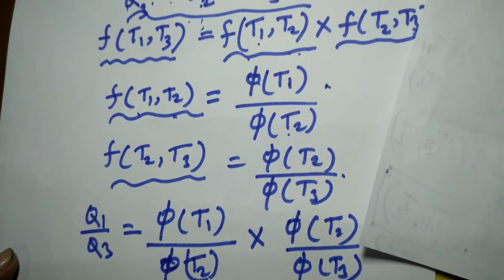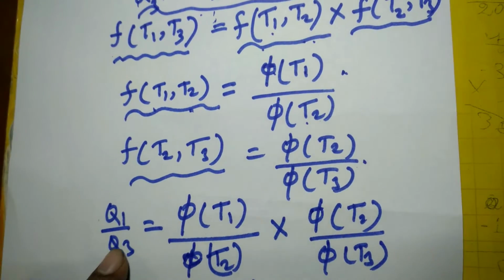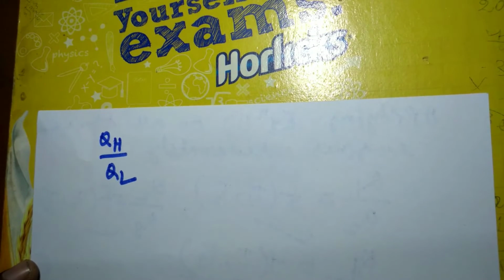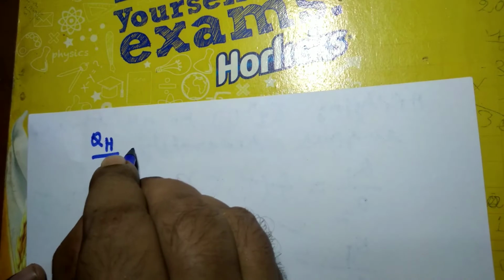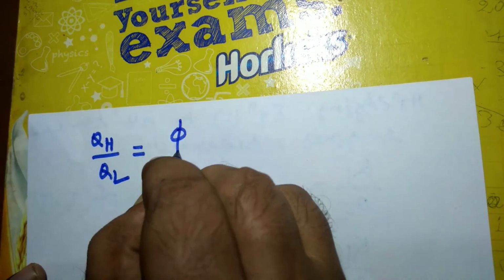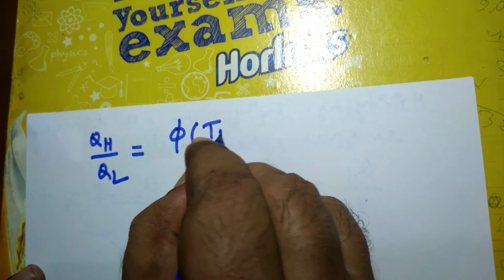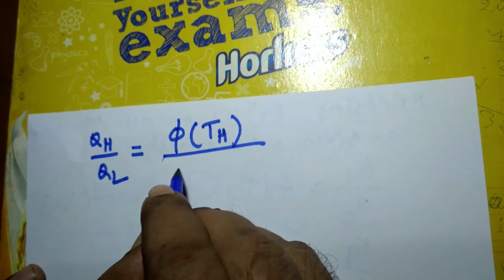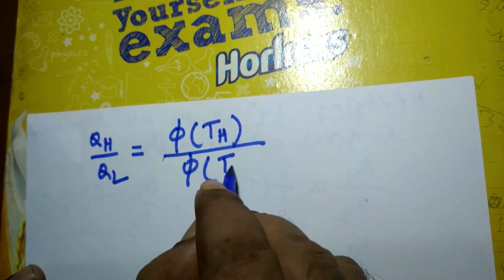So in place of Q1 by Q3 I can write QH divided by QL, because in this case QH is Q1 and QL is Q3. So QH by QL is phi of TH, the high temperature reservoir, divided by phi of TL.